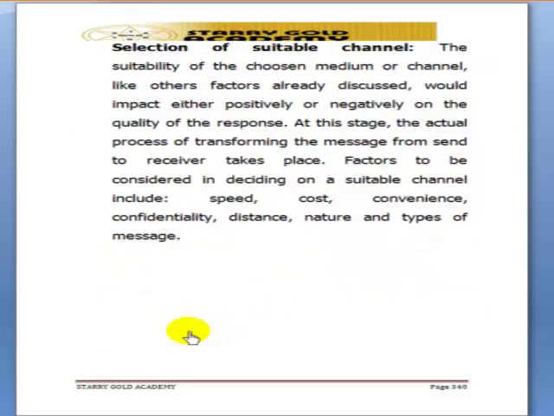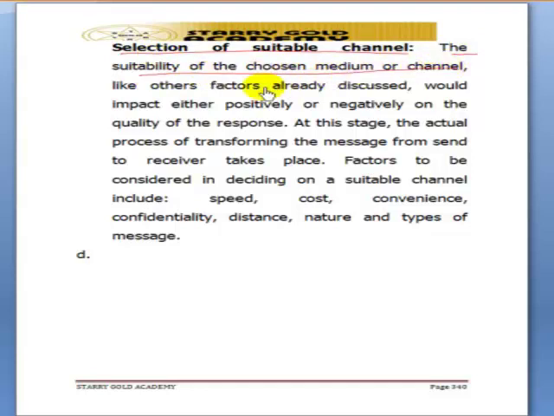Selection of suitable channel. The suitability of the channel matters.